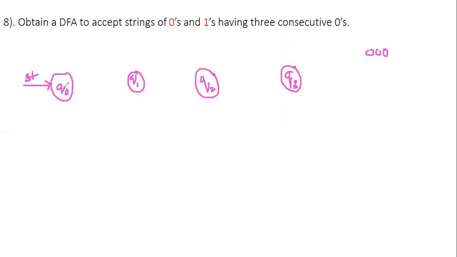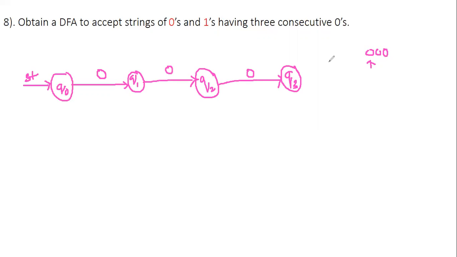Whenever we get the first 0, Q0 will change its state from Q0 to Q1. Then Q1, on receiving the second 0, will change its state from Q1 to Q2. The third 0 will be accepted by Q2 and it will change its state from Q2 to Q3.